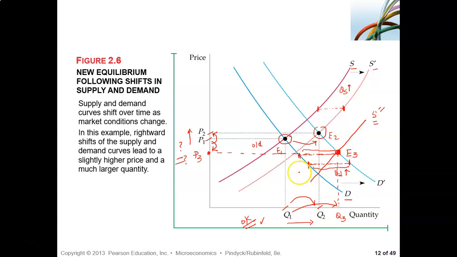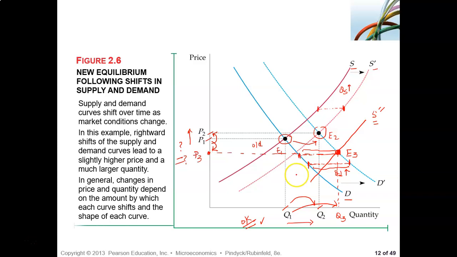If demand shifts more than the supply, price will increase. If demand shifts less than the supply, if supply shifts more, then price will decrease at the new equilibrium. New equilibrium price will be lower, right? So in general, changes in price and quantity depend on the amount by which each curve shifts and the shape of each curve.